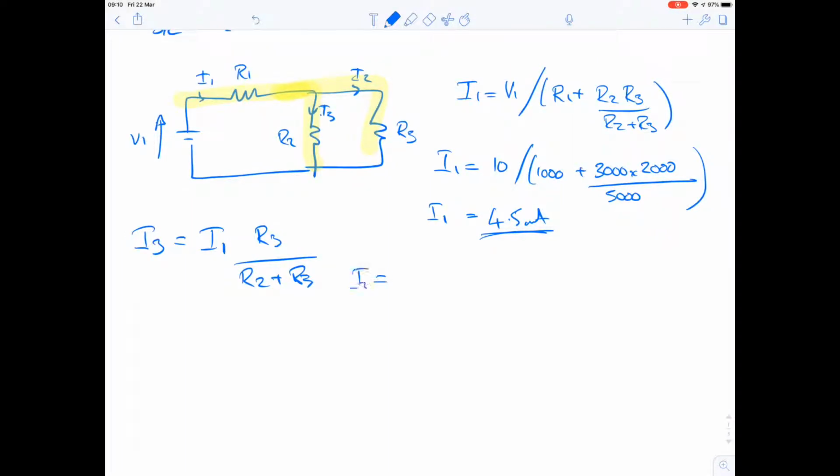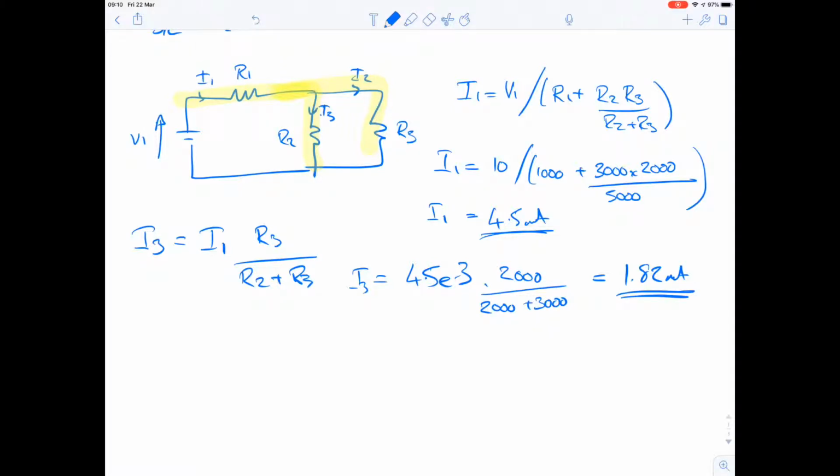So we now get I3 is equal to 4.5 e minus 3, exponential form just to keep it tidy, and here we have R3, that's 2000 ohms, divided by 2000 plus 3000. Okay, and that gives me the current 1.82 milliamps.